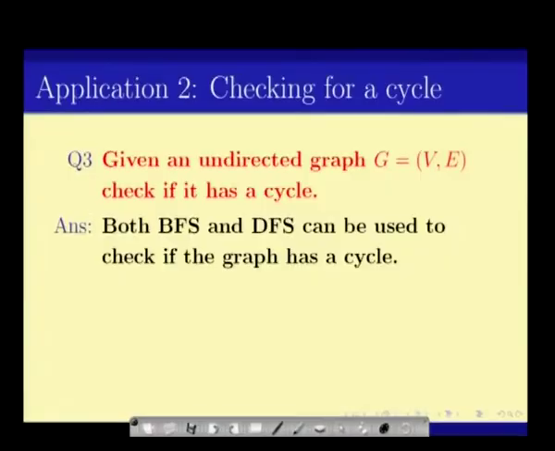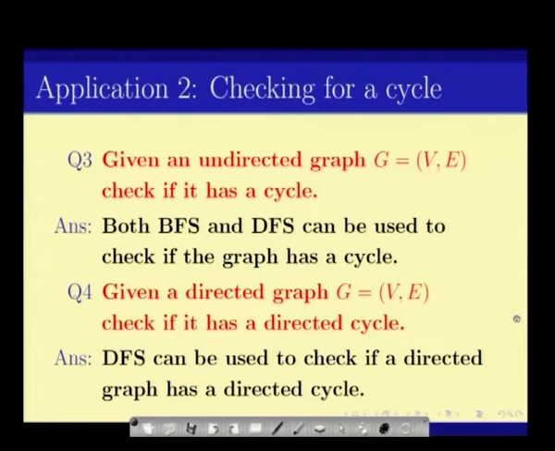So, if you run BFS or DFS on a tree, it would end up picking all those edges. So, while running DFS or BFS, if I encounter an edge that I need to throw away or not choose, that implies that the graph has a cycle, because the fact that I will not choose an edge and still manage to produce a spanning tree implies that there must have been a cycle in that graph.